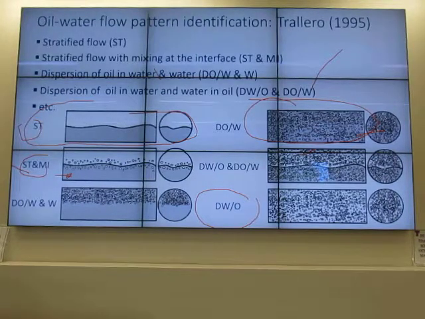Because there's a slip between the phases. The actual velocity of oil and the actual velocity of water don't need to be the same. But if it is fully mixed like this, oil in water or water in oil, for a fair approximation we may say there's no slip between the phases, and both of them have the same actual velocity.